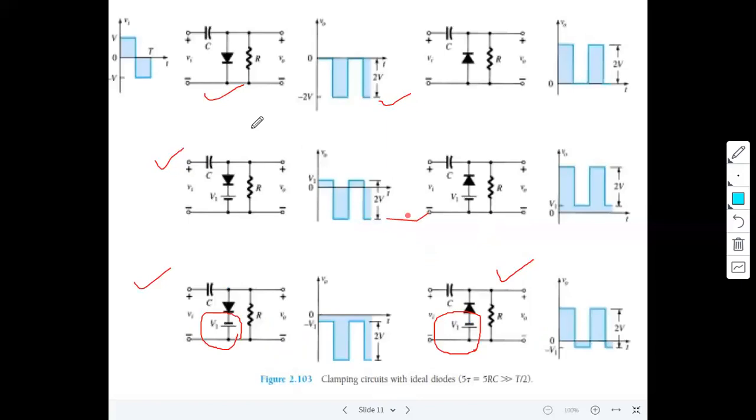With resistor or without resistor, you will get the same output waveform unless the input changes; if the input is constant, the output is the same. That is about clamper circuits.